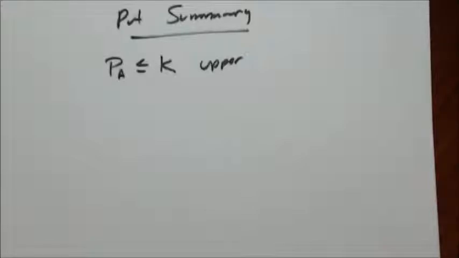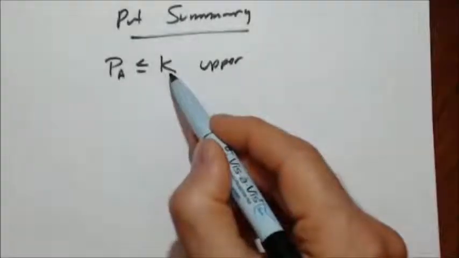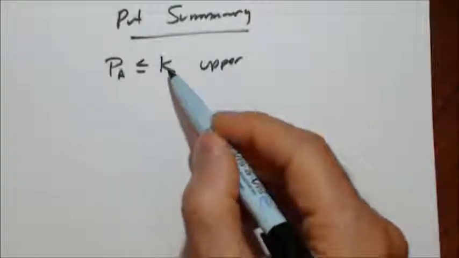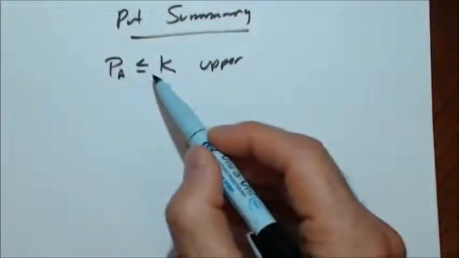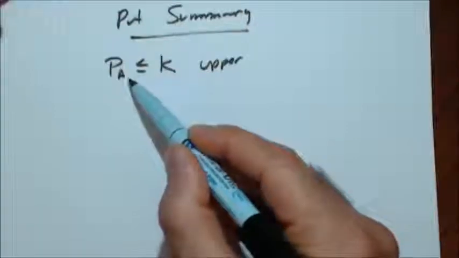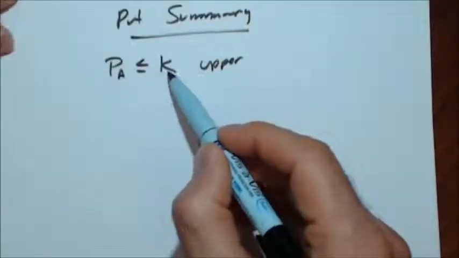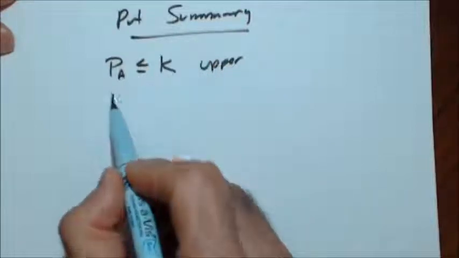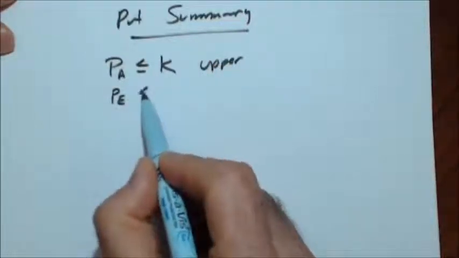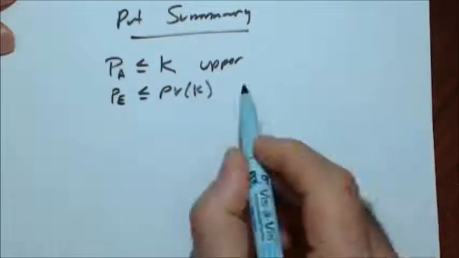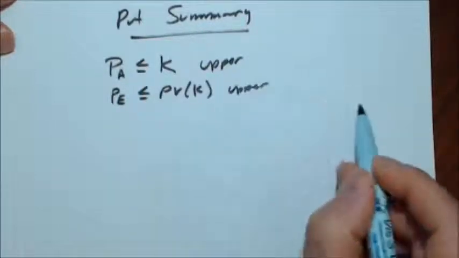The best you can do with an option is turn it in to K, cash proceeds. You have the right to do that, and so it has to be no greater than K, what it can be turned into. And for a European, there's the time value of money concept right there, and there's the upper bound for a European.